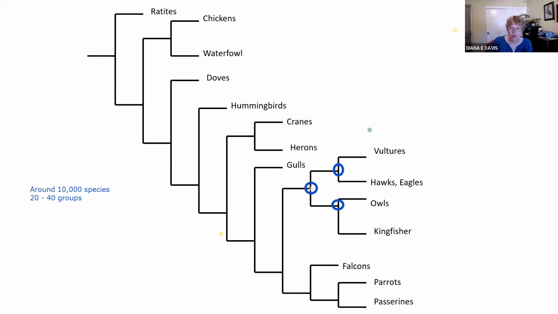So 1 node, 2 node, 3, 4, 5. So there's been a lot more evolution and changes to separate passerine birds and vultures.